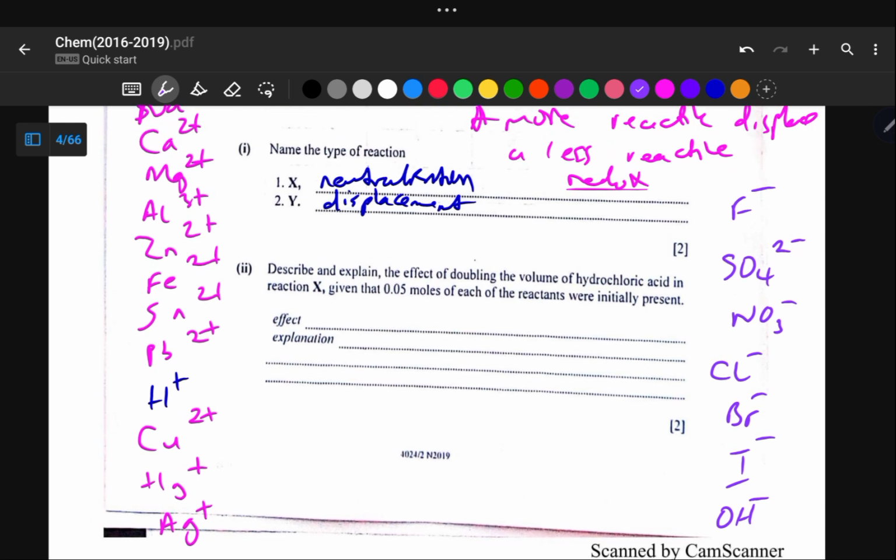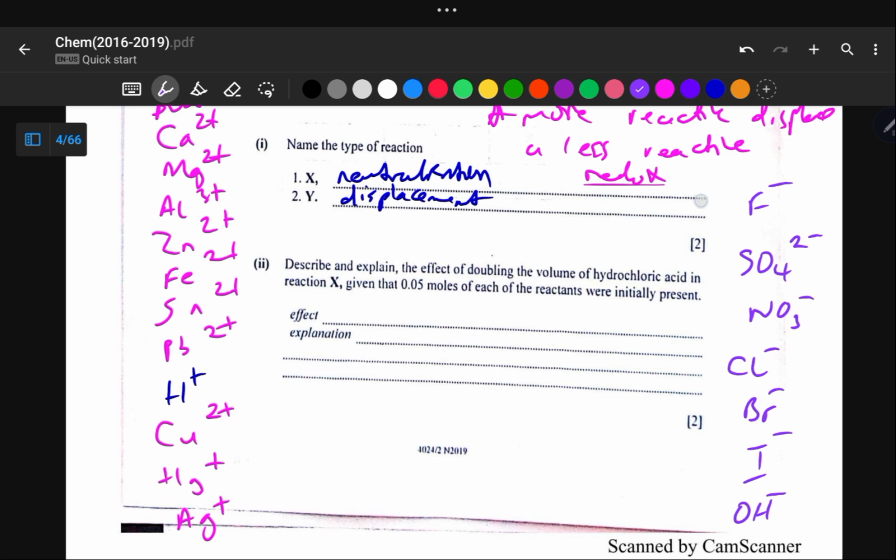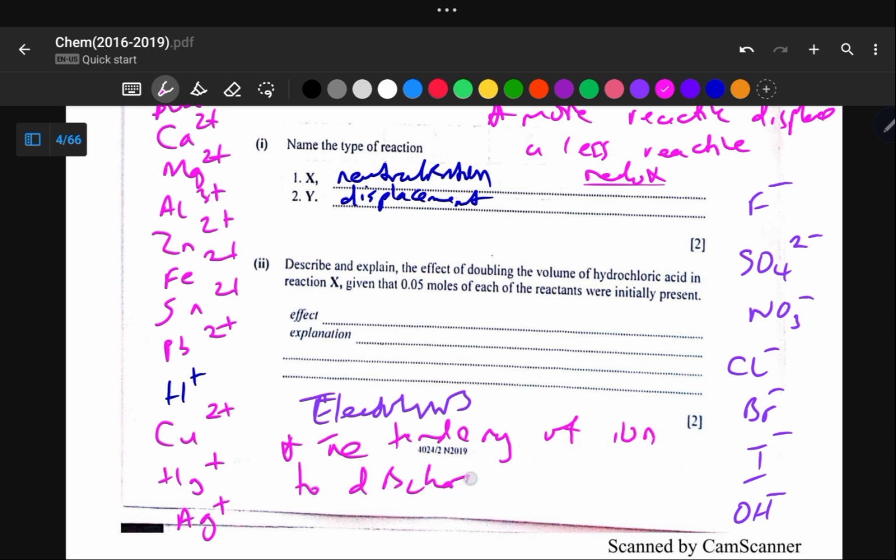For electrolysis, you should know that the tendency of ions to discharge increases as we go down the series.